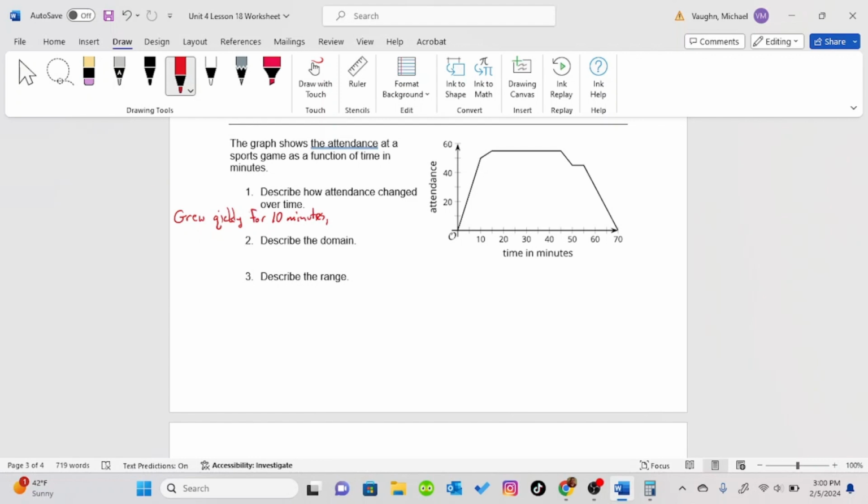Then we see that it slowed down for 5 minutes. Then we see that it stayed the same from 15 minutes to 45 minutes, so that's 30 minutes total.